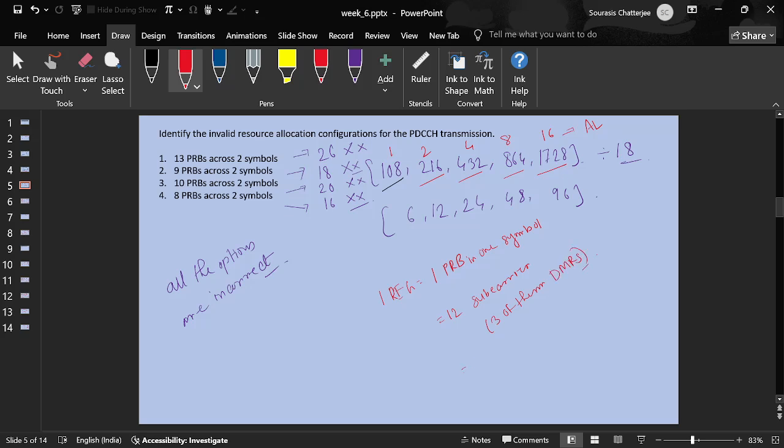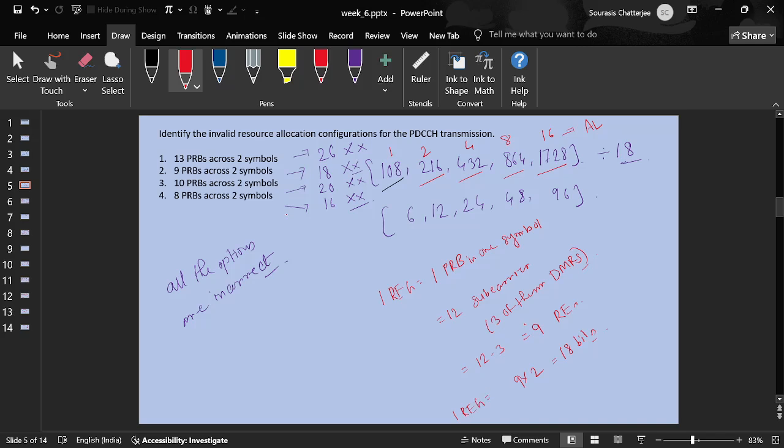So how many are we left with? 12 minus 3, that is 9 resource elements. And what is the modulation scheme used here for PDCCH? It's QPSK, right? So for 9 REs, how many bits can we transmit? 9 times 2, because QPSK means you can transmit 2 bits per symbol, and one subcarrier carries one symbol, so it's 9 times 2, 18 bits you can accommodate in one REG.